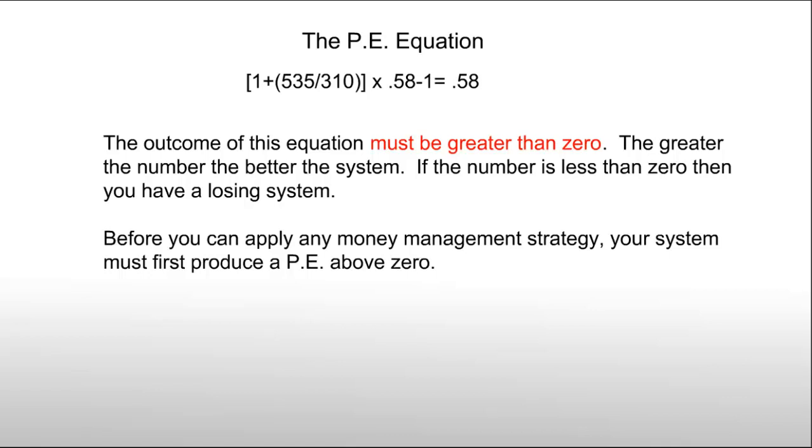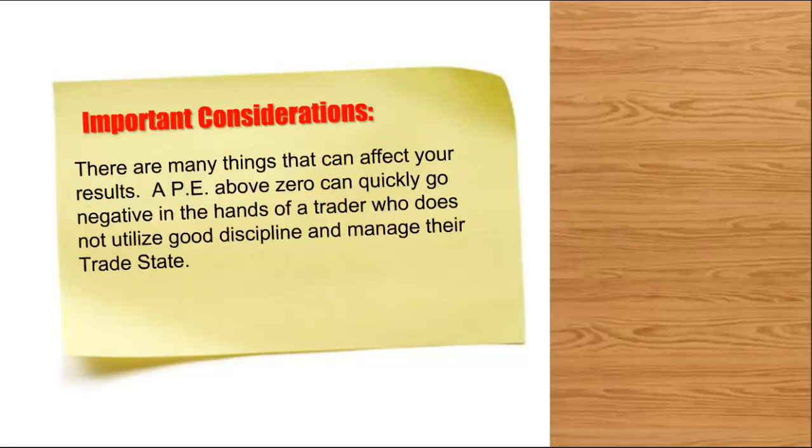If it is possible, I don't know how it would be done. So we want to have a positive expectancy that is greater than zero. Once that's done, now we can apply money management to it, and we can try to get the absolute most out of that particular trading strategy as possible.